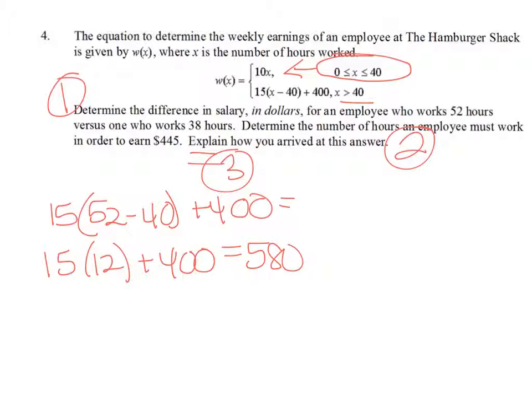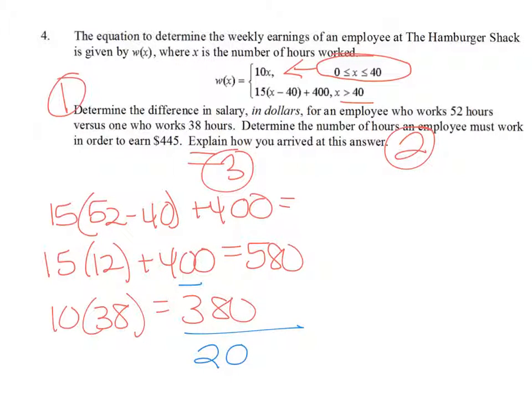And then for a person who works 38 hours, it's 10 times 38, which is $380. We're going to subtract the 380 from the 580, and we get a difference of 200. So the difference in salary is $200 for number 1.